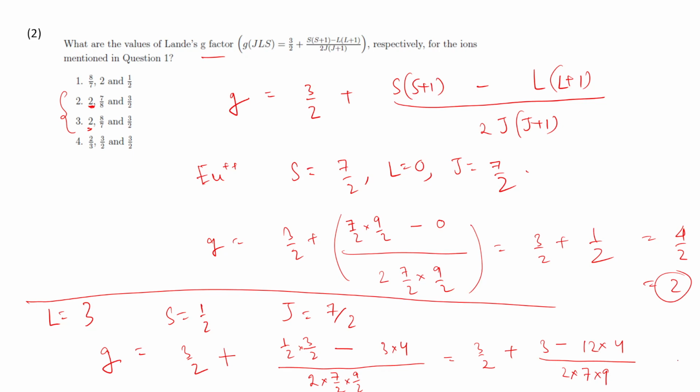So we have to calculate this quantity, and if you calculate this quantity it will become 3 by 2 minus, so this is 48 minus 3, so it's 45 over 14 into 9.